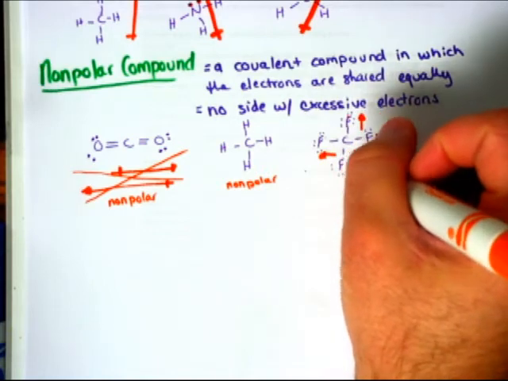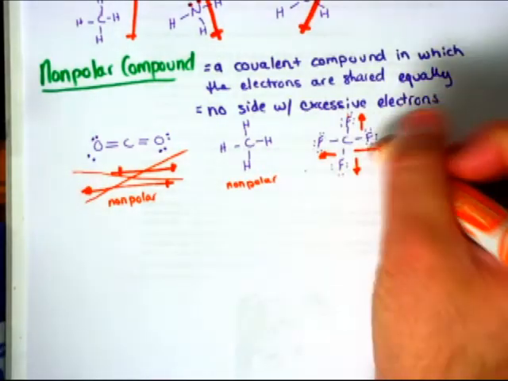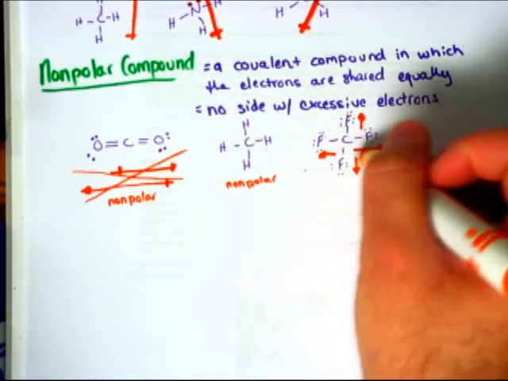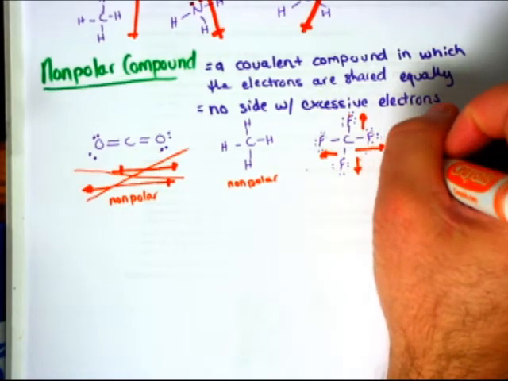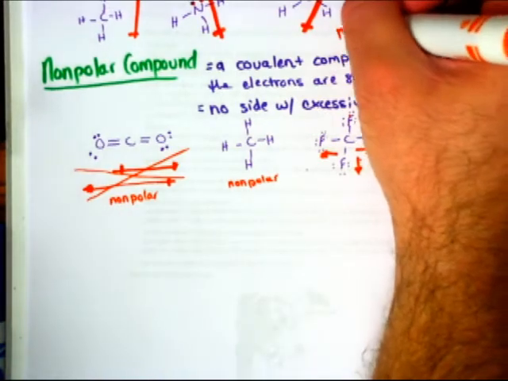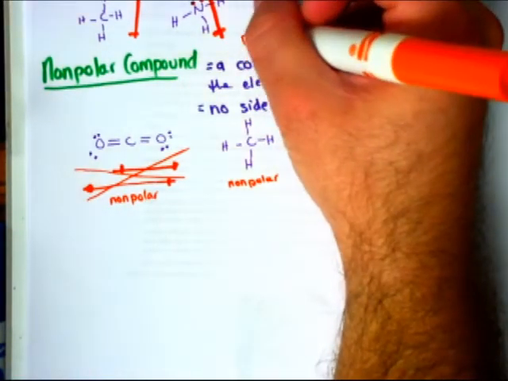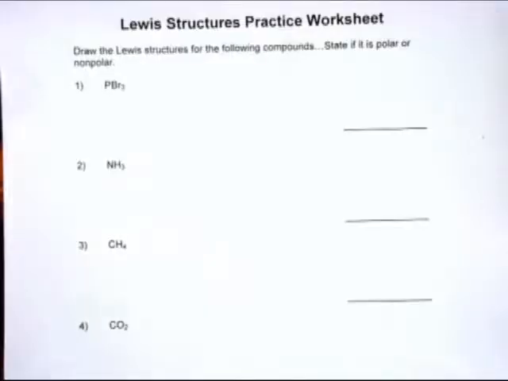Top, bottom. Remember, when you have them going in equal directions, but in opposite ways, like here and here and here, they cancel out, right? So they cancel out, and you have something that's nonpolar. So all three of these above were polar, because they had a side of electrons.